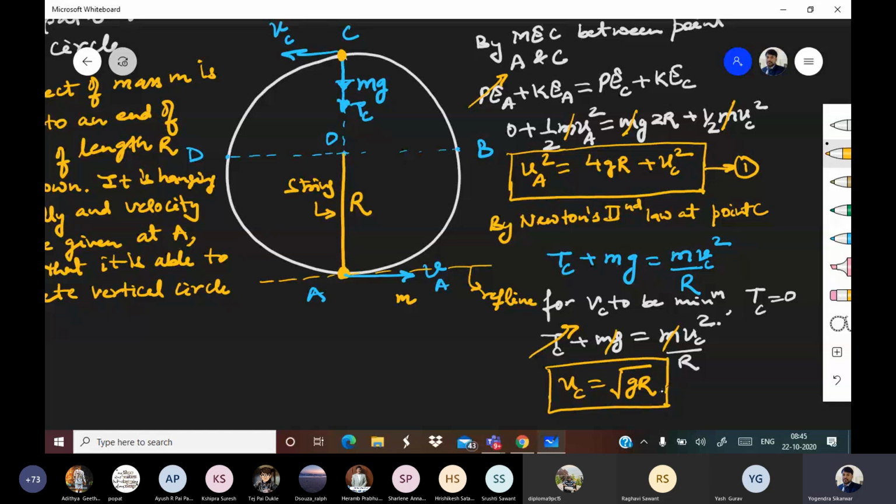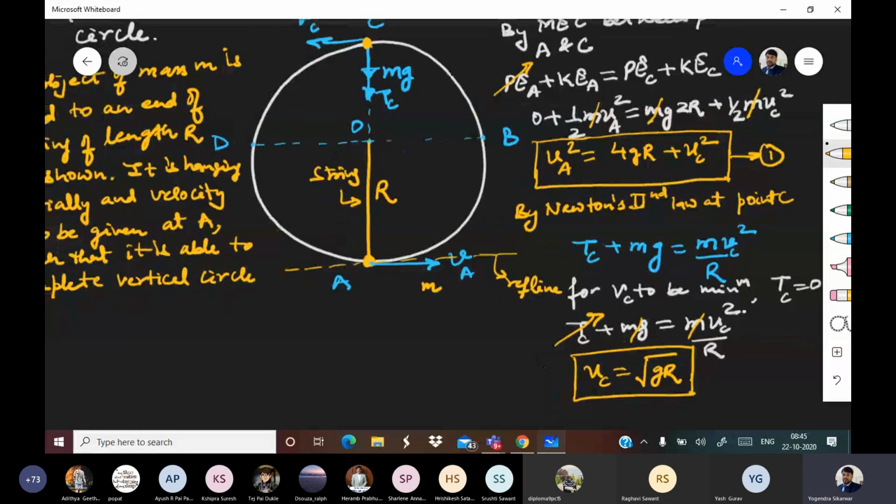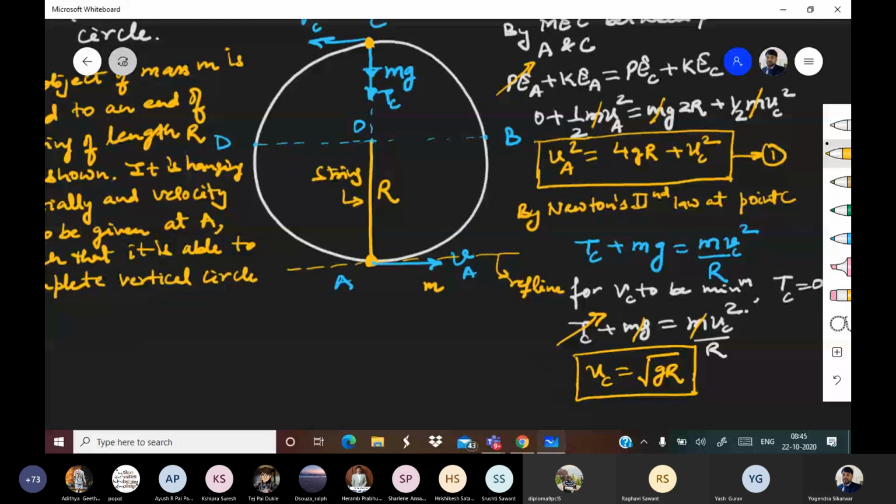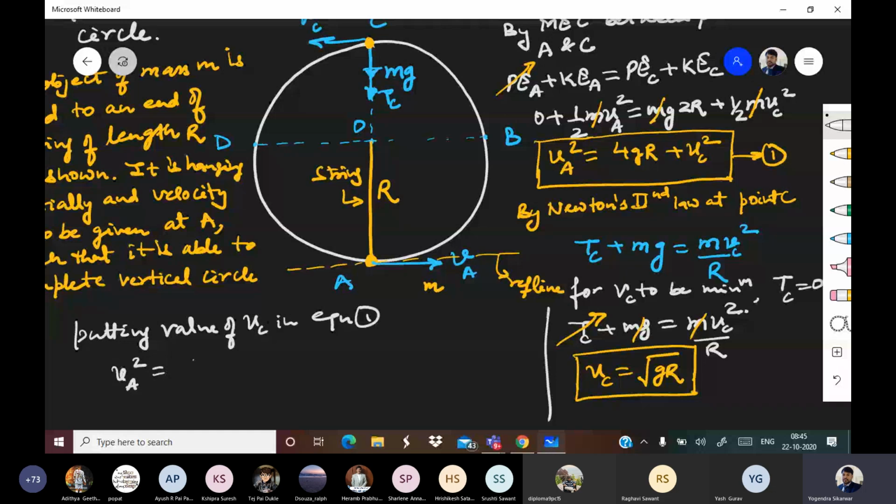Now, if I put the value of Vc in equation 1, what do we get? Va square is equal to 4gr plus root gr whole square.